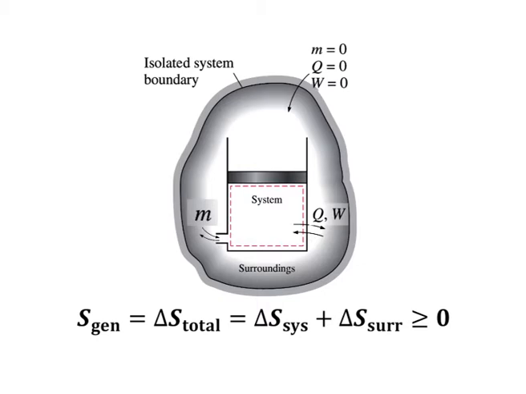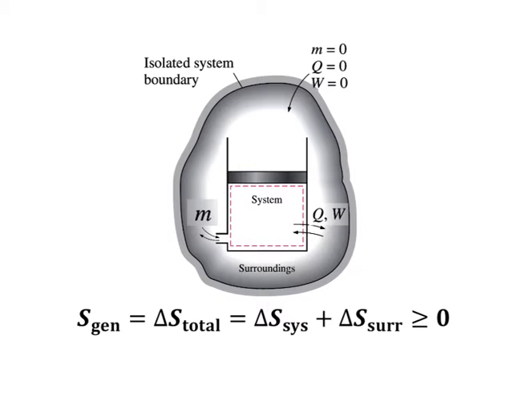Note that delta S surroundings refers to the change in the entropy of surroundings as a result of the occurrence of the processes under consideration. Since no actual process is truly reversible, we can conclude that some entropy is generated during a process, and therefore the entropy of the universe, which can be considered to be an isolated system, is continuously increasing.